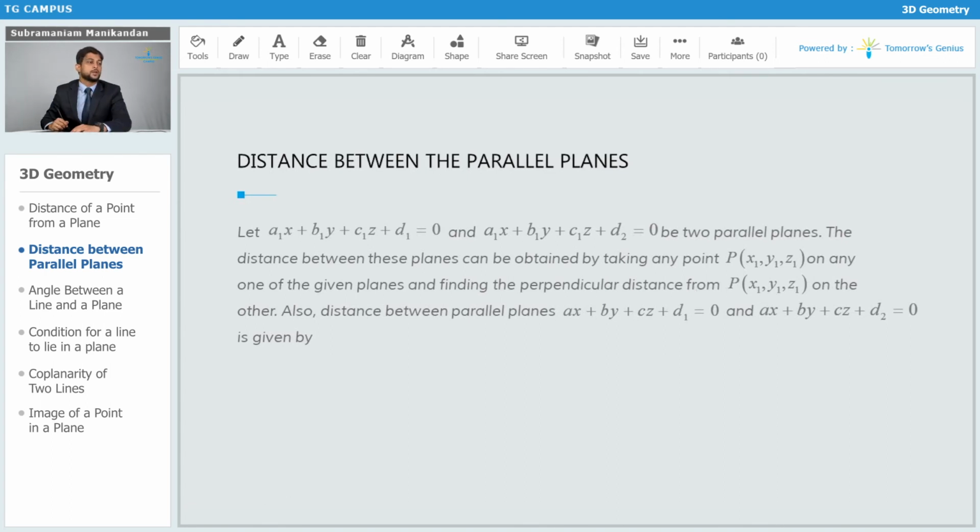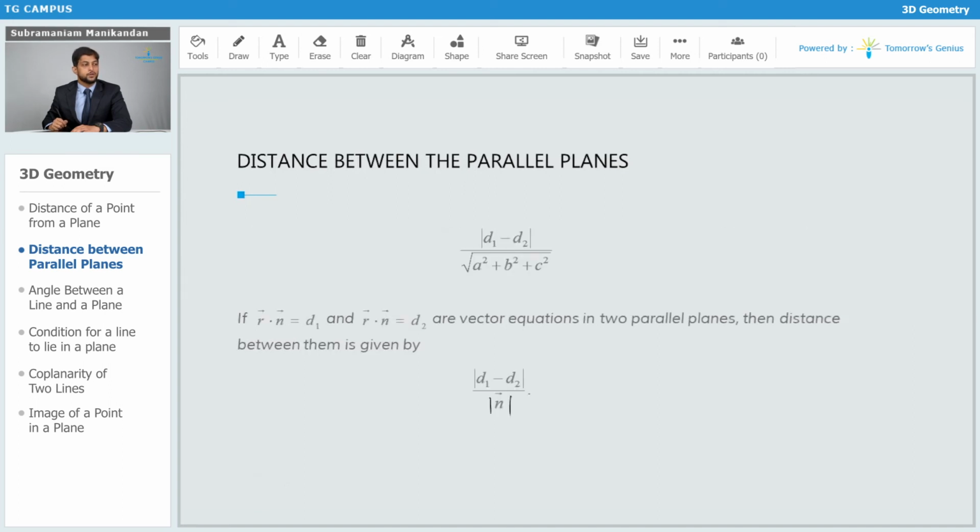So therefore we get the distance between two parallel planes as d1 minus d2 by square root of a1 square plus b1 square plus c1 square, just like we do for finding out the shortest distance between parallel lines.